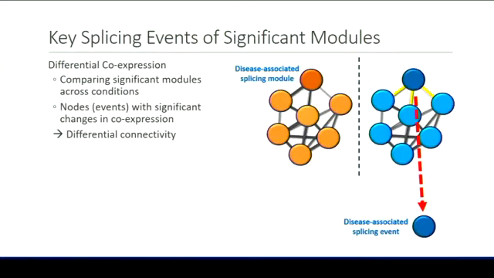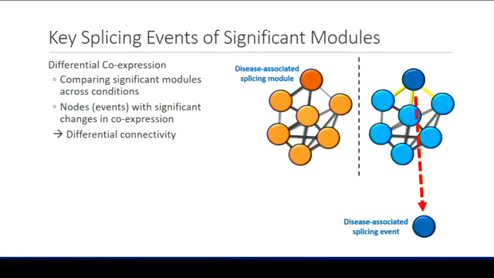Another approach for looking at key players in gene networks, in this case splicing networks, where we can identify significant splicing events, is what's known as differential co-expression. This is where we compare networks across different conditions. If we identify a significant module, and this will depend on the sample size, we could build a consensus network, and then compare that network across the sensitive samples and the resistant samples, have separate networks, and look at changes in the correlations of the nodes.